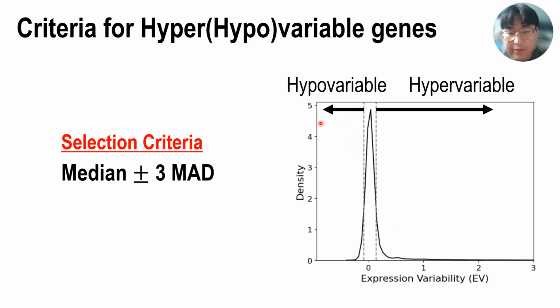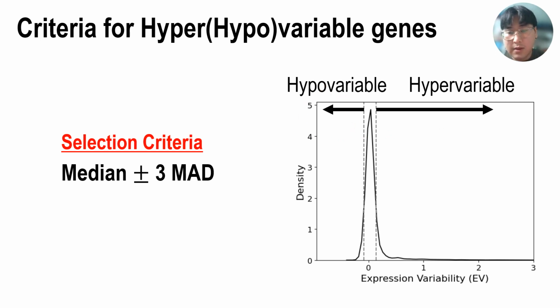The left side, around the median minus 3 MAD, is the hypovariable, and the right side is the median plus 3 MAD. By this criteria we chose around 2,000 genes over here and 500 genes around here.